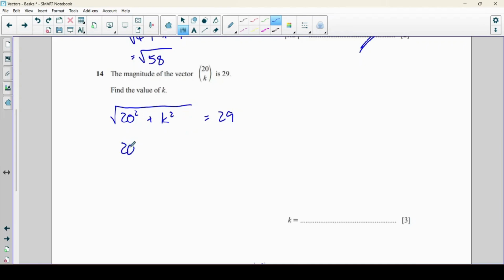When I square both sides, I'm left with 20 squared plus k squared. And we'll square this right hand side, so 29 squared. I assume this is a calculator one, but you could figure it out if you really needed to. So 29 squared gives me 841. Let's work out 20 squared as well while we're at it. So 20 squared is 400.